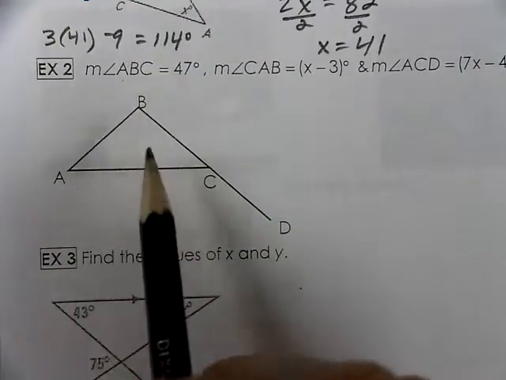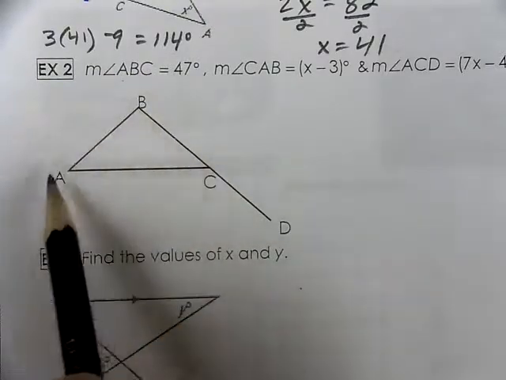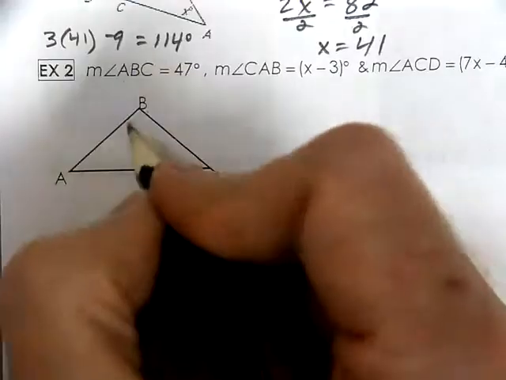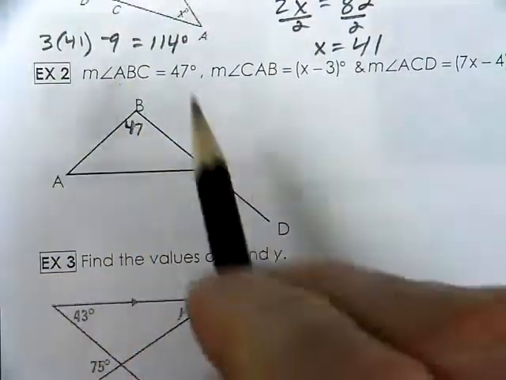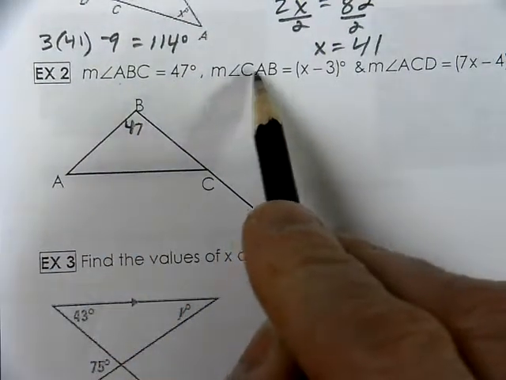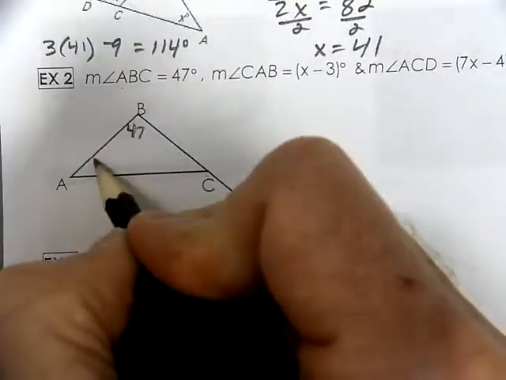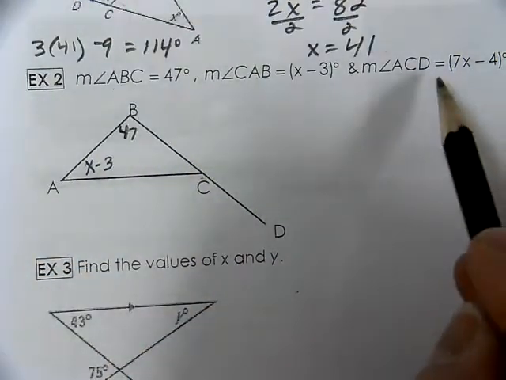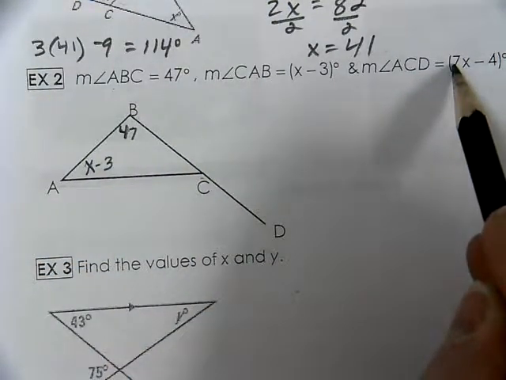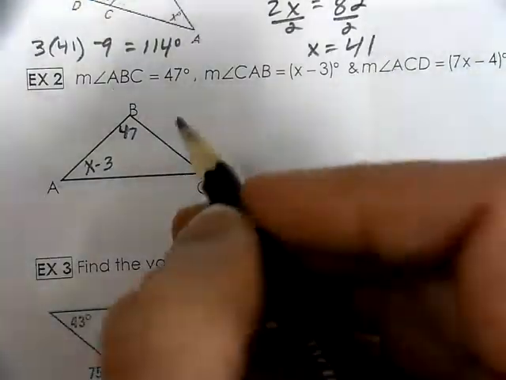On our second example, we take the measurement of angle ABC, which is apparently 47, the measurement of angle CAB, which is x minus 3, and the measurement of angle ACD, which is 7x minus 4.